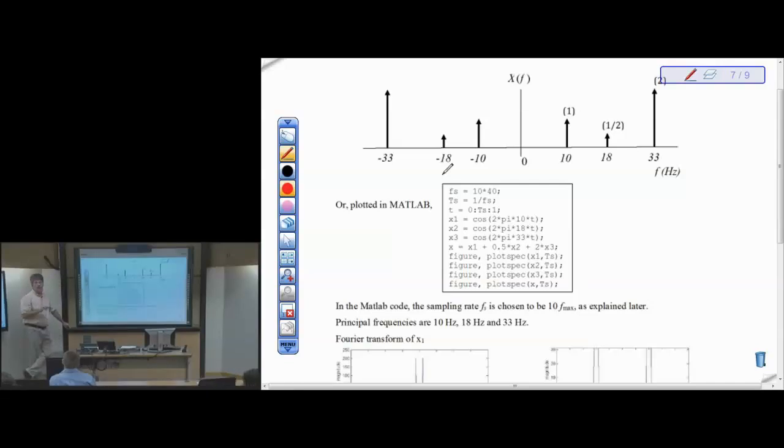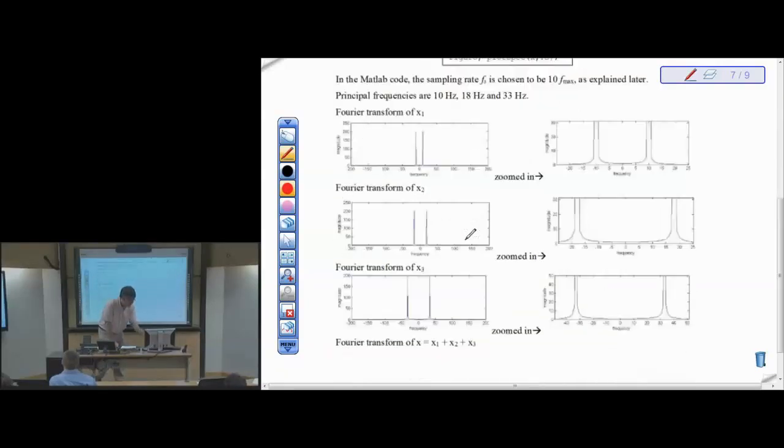There's a weighting of each one, so the area under each is slightly different due to the weights in front of them. So I take x1 plus half x2 plus 2 times x3. That's the two-sided case, and if we do it in MATLAB, you're expecting some bandwidth. And you do. Because of finite observation, we don't get spikes, we get some non-zero bandwidth. And the fall off is 1 over f.